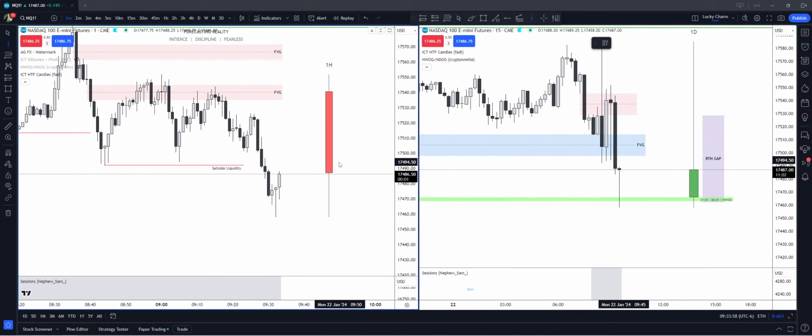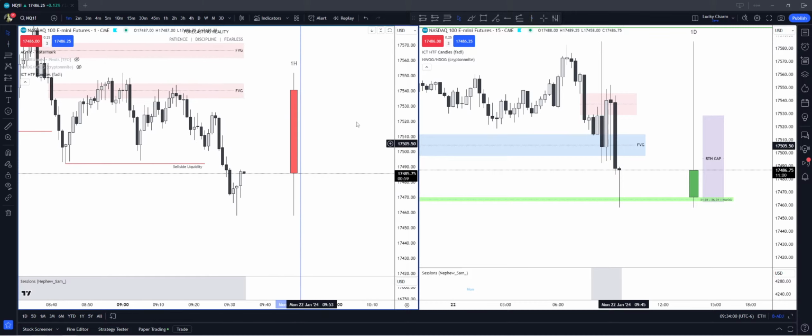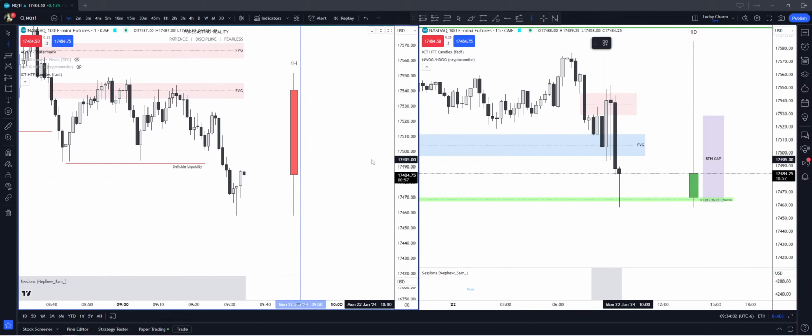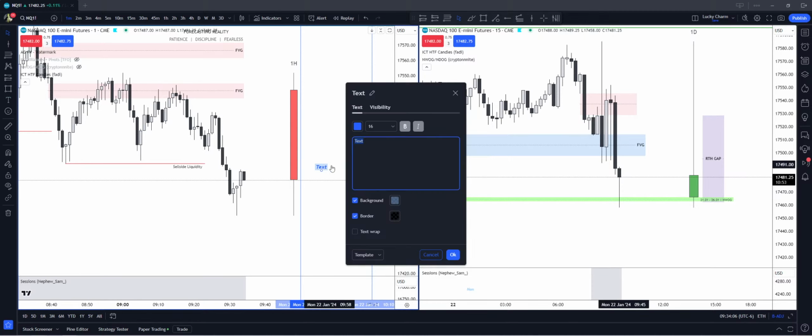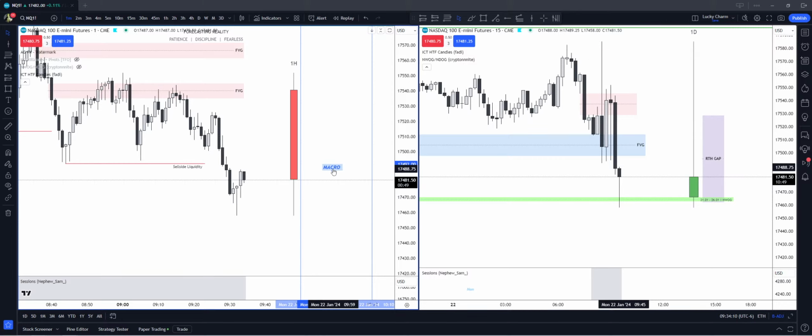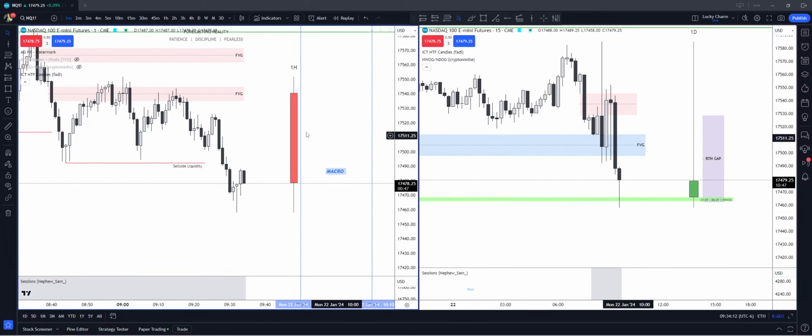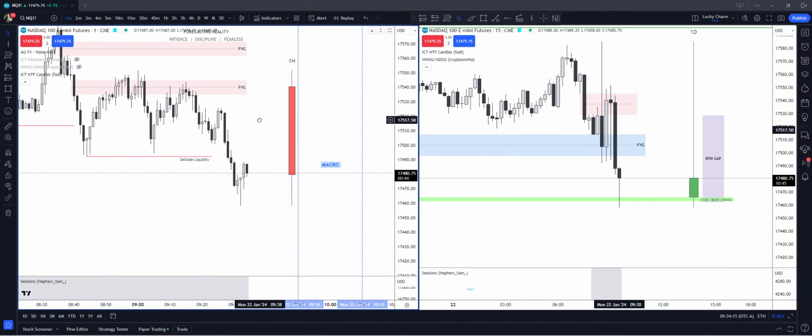The next macro in time that I'd be looking at is 9:50 my time to 10:10. I'd be looking inside of that window to see if something would entertain a trade idea. Otherwise, I'm done for the day and we move on to tomorrow.